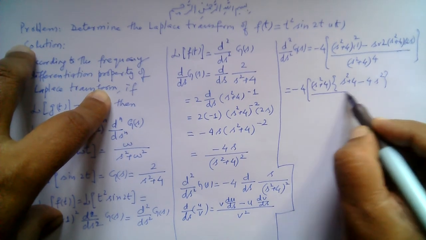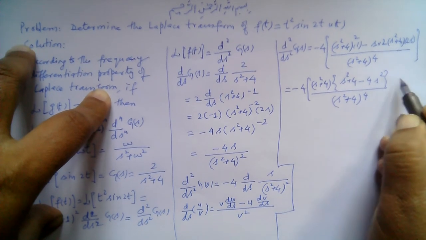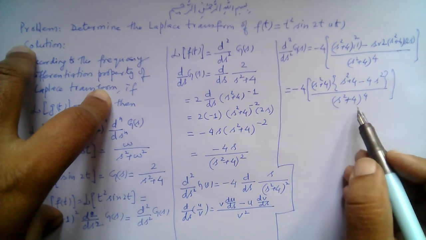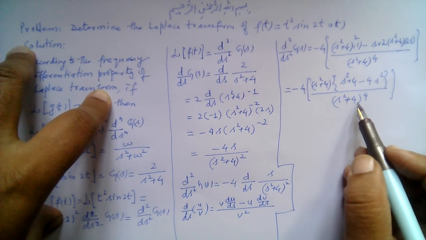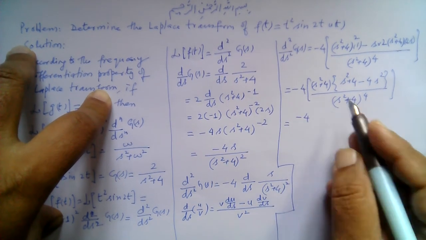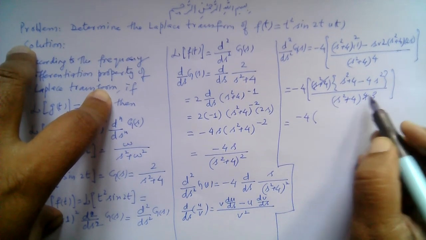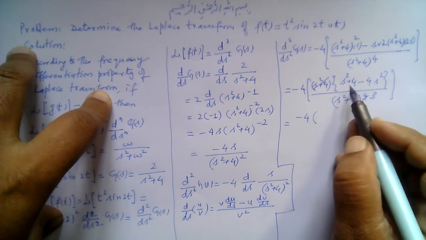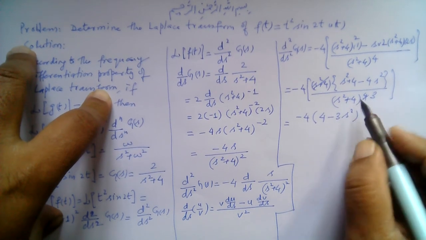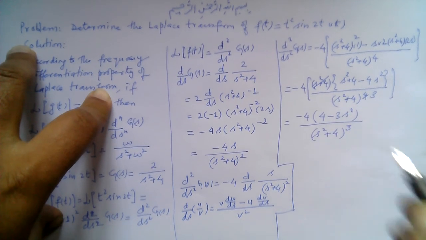And this is divided by (s² + 4)^4. So this (s² + 4) term is cancelled out with one of these 4 terms, so this will be -4 into, left with (s² + 4) - 4s², that is 4 - 3s², right? And divided by (s² + 4)³.